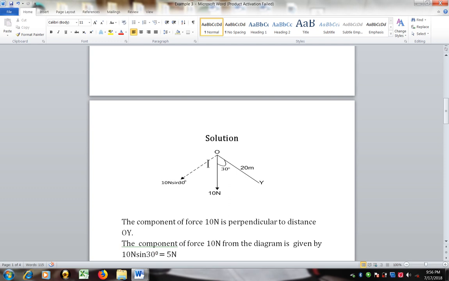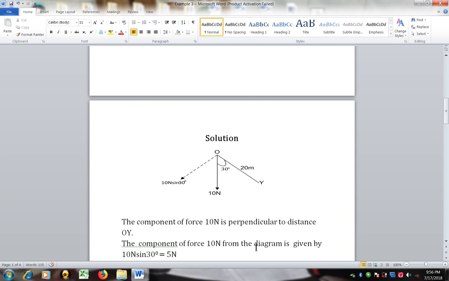Either we use this angle, which is 60 degrees, so we say 10 cos 60 degrees, or we use this angle between the force and line OY, in which case we use 10 sine 30 degrees to find the component of force 10 Newton in this direction. Remember, this direction is perpendicular to line OY.